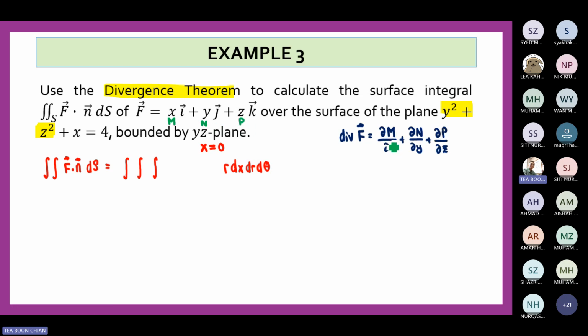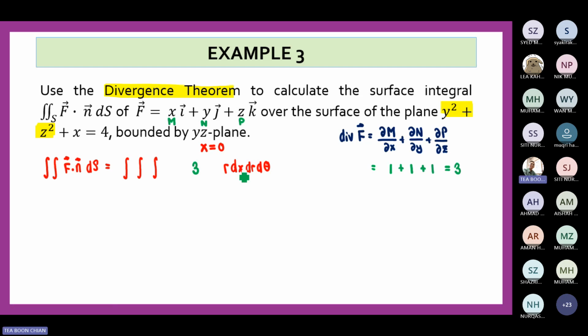Therefore, differentiate m with respect to x gives you 1, plus differentiate y with respect to y also gives you 1, plus differentiate z with respect to z also gives you 1. So the divergence of the given vector is equal to 3. That is, the integral of 3r dx dr d theta.